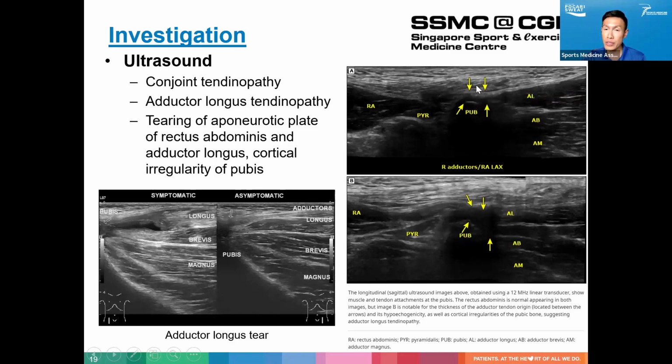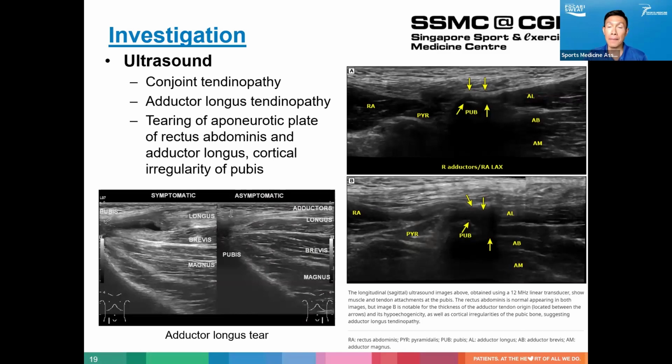You can see that between these two arrows, this region is more thick and more hypoechoic in the injured side, showing that there is some injury to that region, to give us a further clue. But you'll notice that ultrasound may have limited use because first and foremost, it is operator dependent.